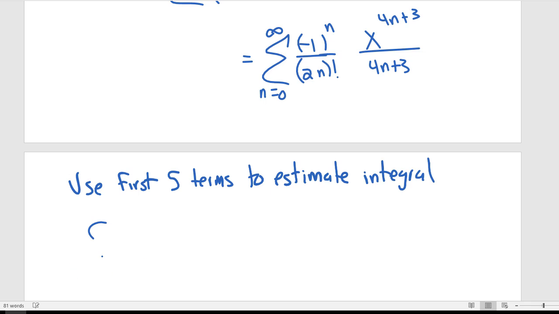All right, so again, we're saying the integral of x squared cosine x squared dx will now be approximately equal to, oops, let me put the dx there just for thoroughness. So this is approximately equal to the sum of the first 5 terms.